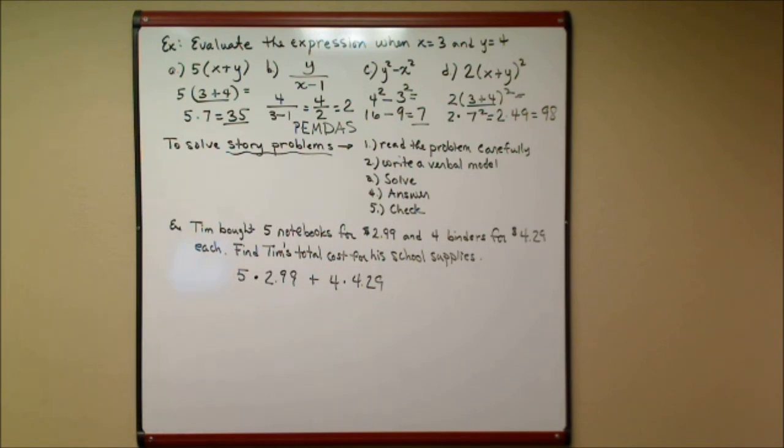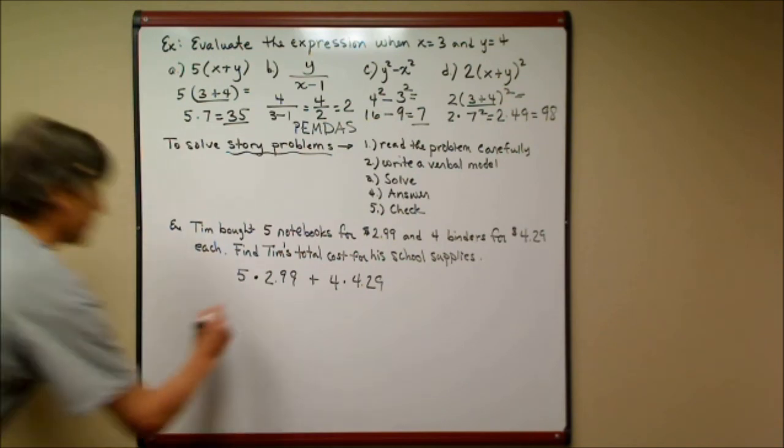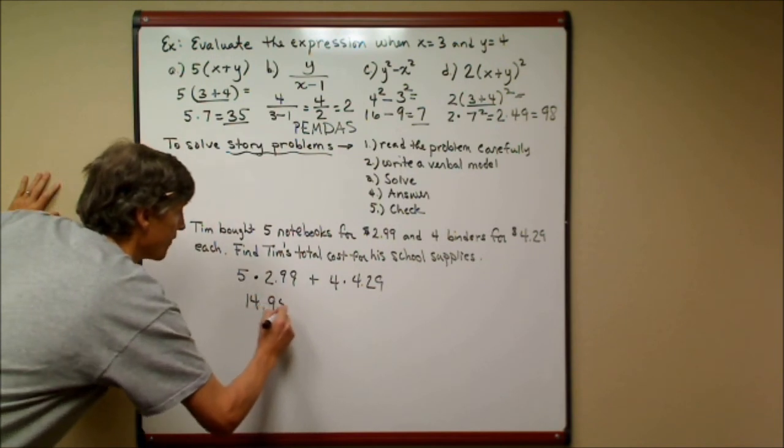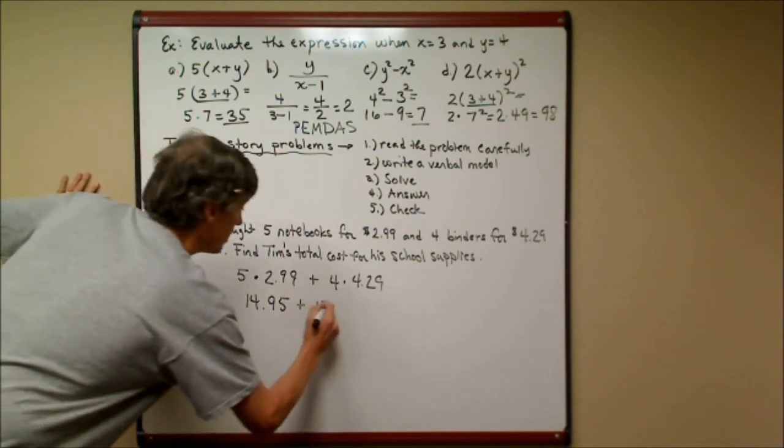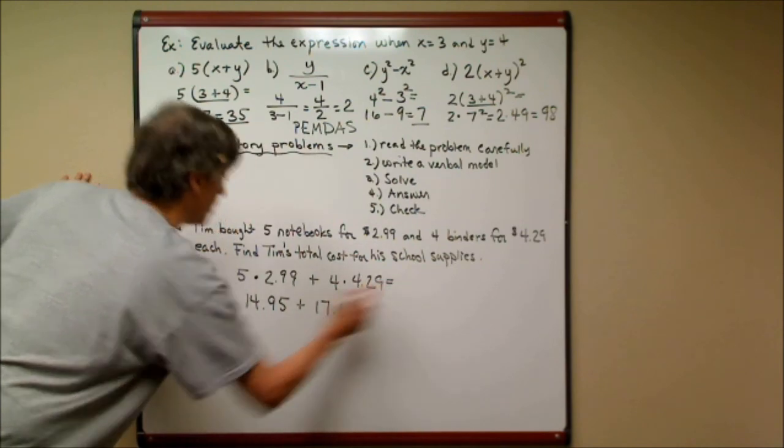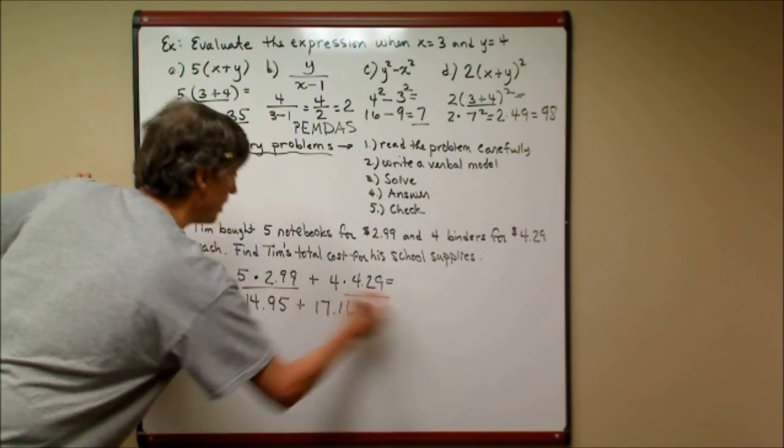Well, if I multiply 5 times $2.99, if I'm not mistaken, I get 14.95. And if I multiply 4 times 4.29 here, if I'm not mistaken, I get $17.16. Now notice here I am multiplying before I add.